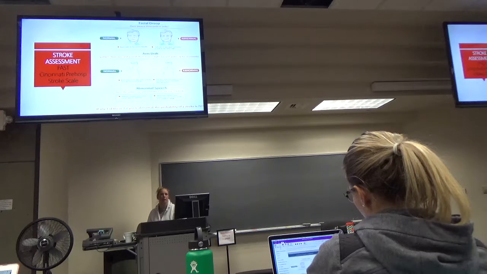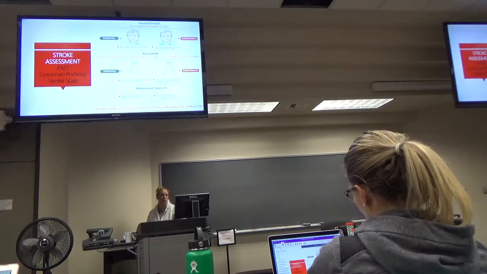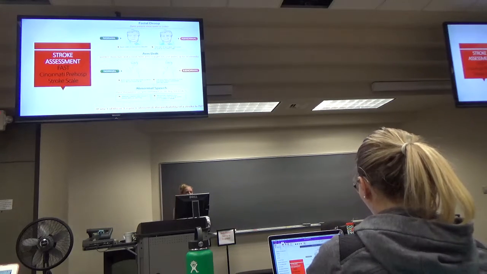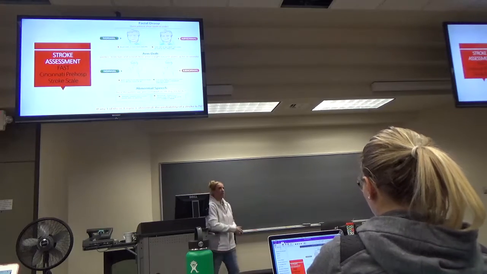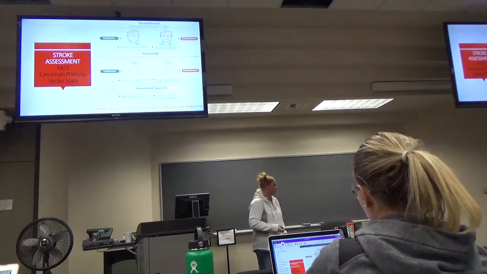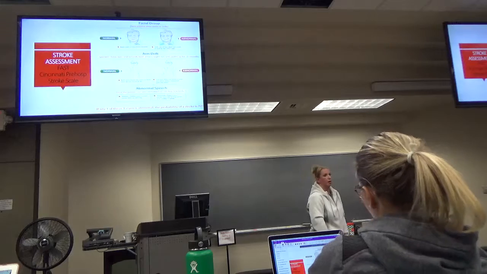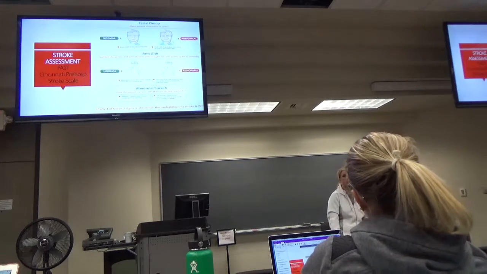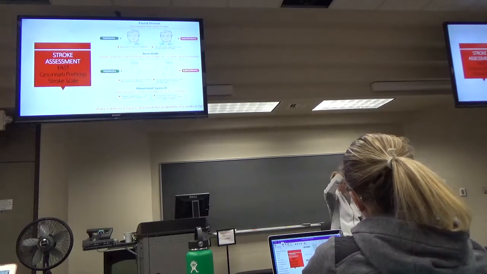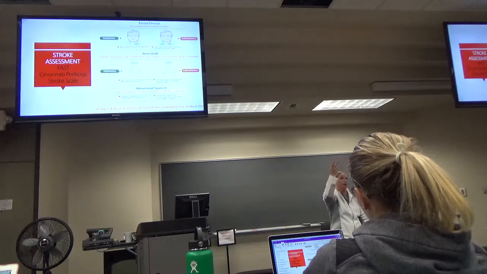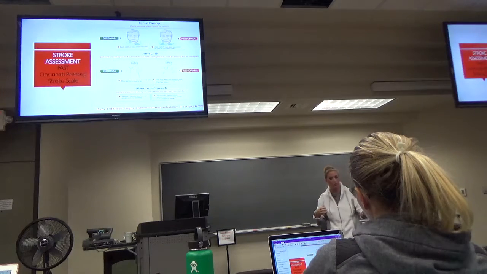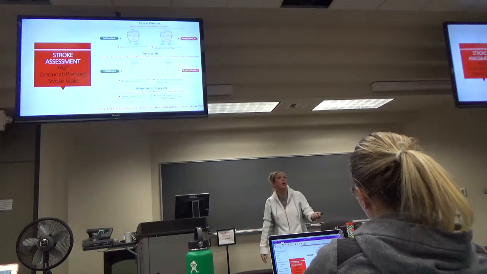All right, the last thing that we're going to go over is stroke. So this is your stroke protocol. This is the Cincinnati Prehospital Stroke Scale, which is the overall standard of care now. This is what I was talking about with the FAST, these are pictures. Every time I'm seeing that man and that woman, they should have a name because it's the same picture every year.